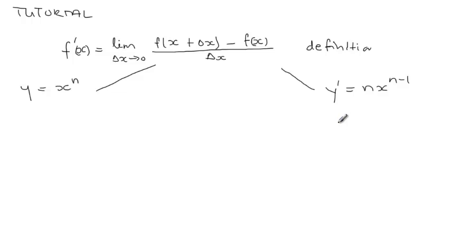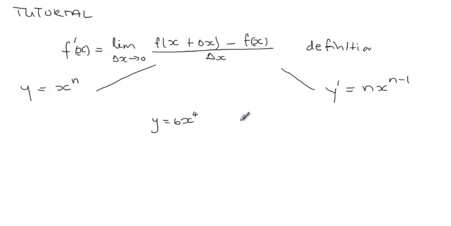Does everybody understand that? We used this definition and we arrived at that. Now then, tomorrow or today and every day, unless somebody asks you to use the definition, if I'm given y equals x to the power 4, maybe multiplied by 6, I have to differentiate.